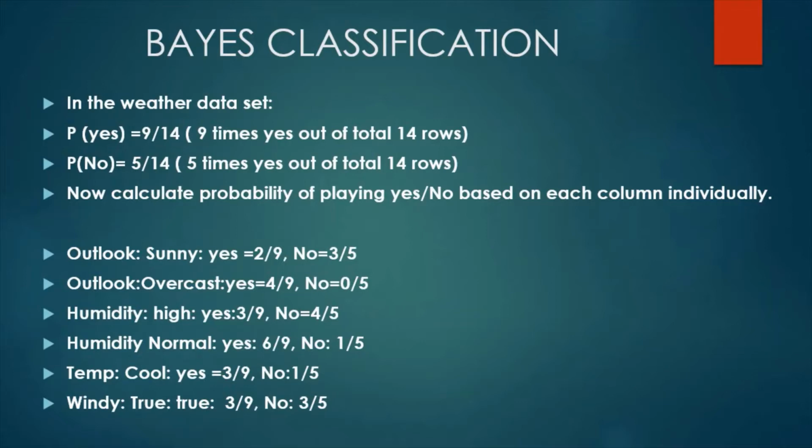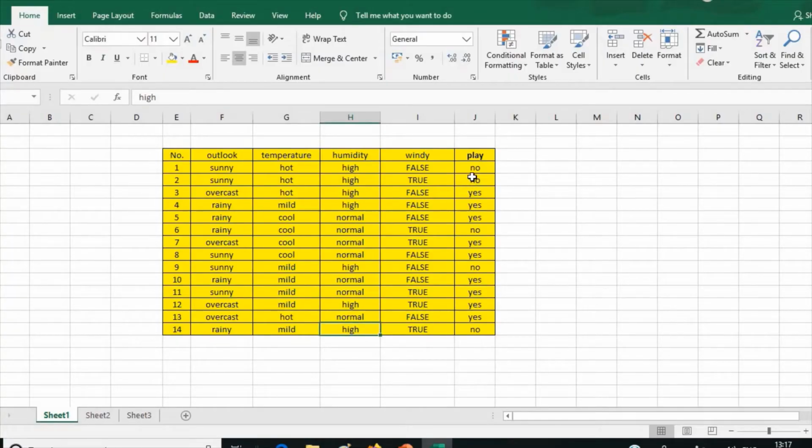Let's consider a dataset named the weather dataset. In the weather dataset, first of all, we will see the probability of the class variable. Outlook, temperature, humidity and windy are given in the dataset, and we need to find out whether a child can play in this situation or not. So we will find out the probability of playing.